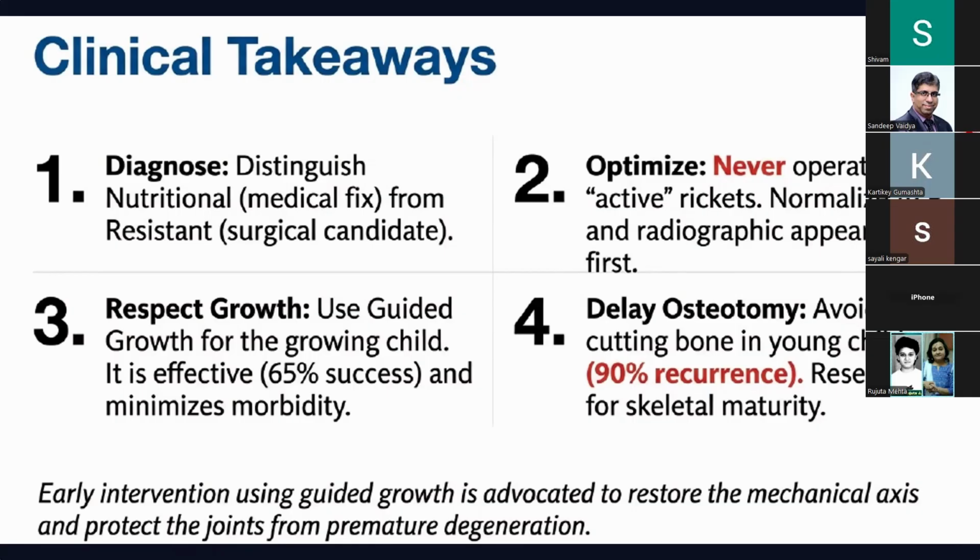If it's a growing child, we should use guided growth for correction of deformity. It is very effective and minimizes morbidity. We can delay osteotomy as much as we can, because it should be reserved for skeletally mature patients.